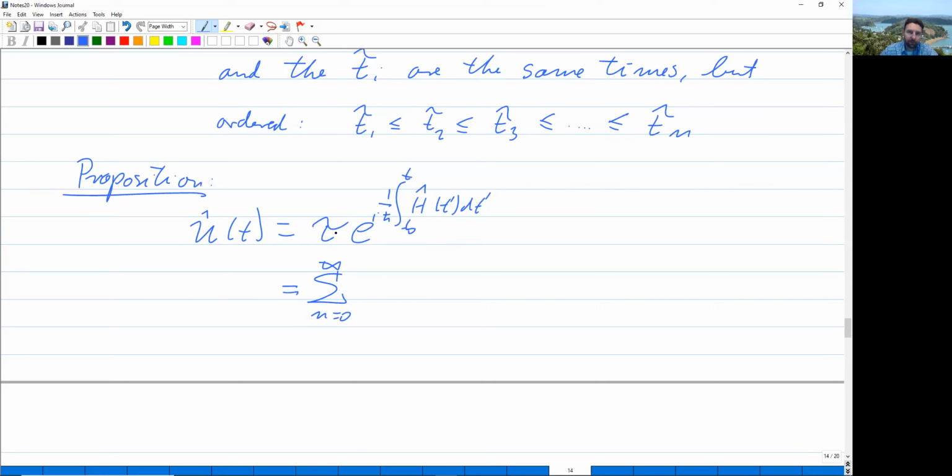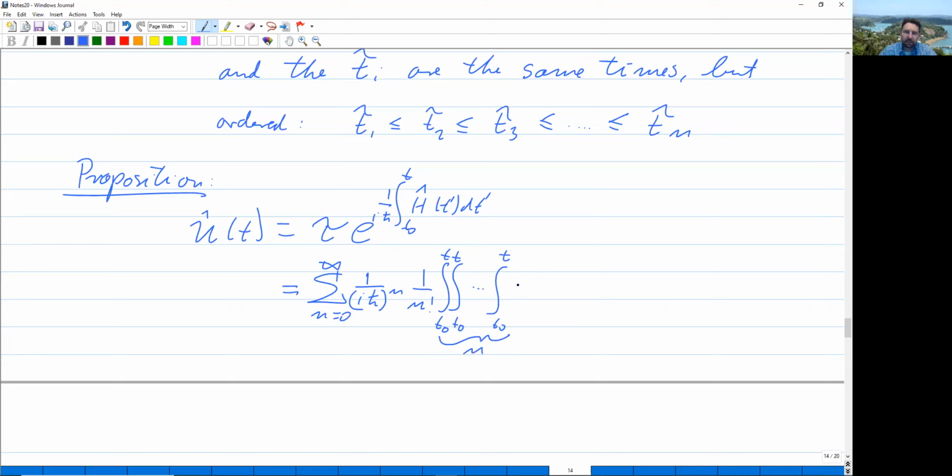So if we spell out what this is, this time ordering operator is going to apply to the powers in h that arise from the multiple integrals that we get. So what it's going to be is this. It's 1 over i h bar to the power n, 1 over n factorial, and then all those integrals, namely n of those, each one from t naught to t. There are n of them.